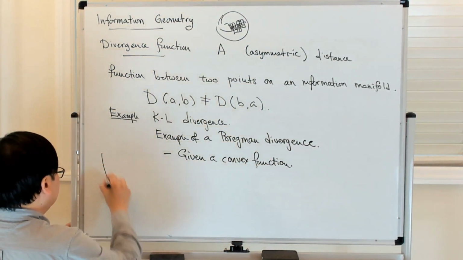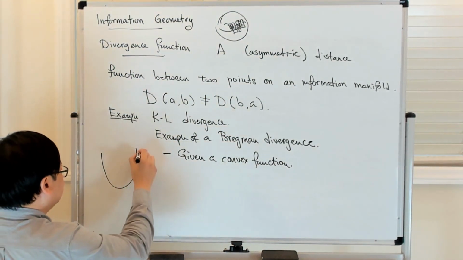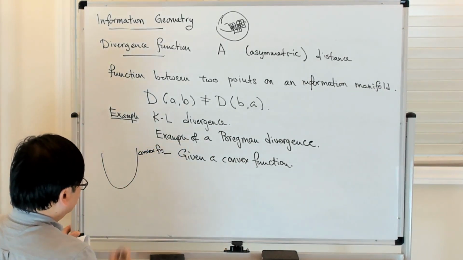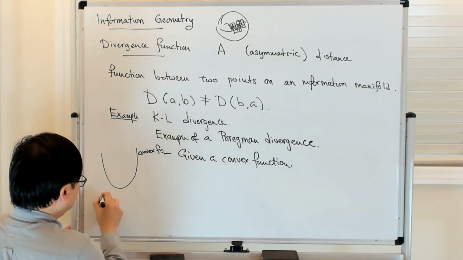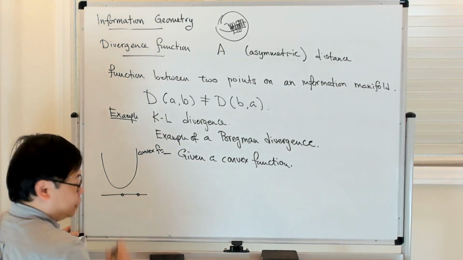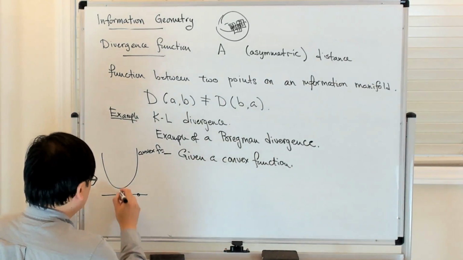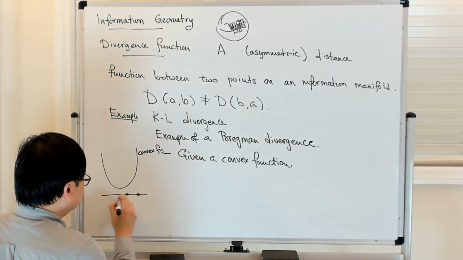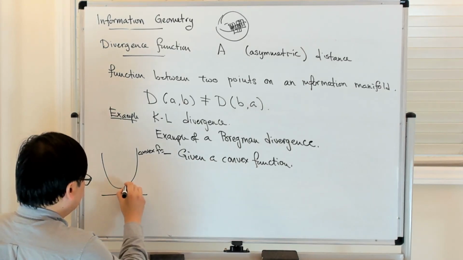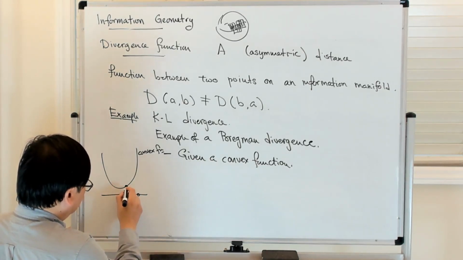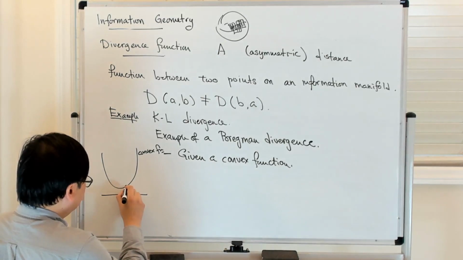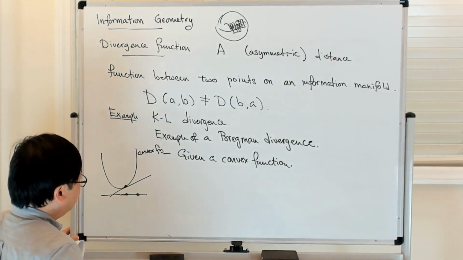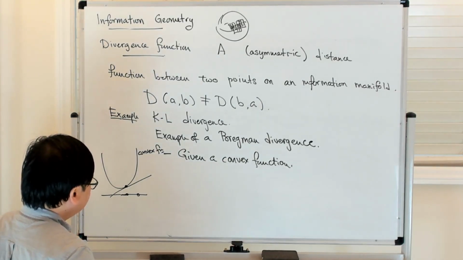So the idea is the following. So say you have this convex function, okay, and you have 2 points which you're trying to measure the distance between, okay? So let me just put one of these points here. All right. Okay. So with the first point, you can take the linear approximation of the convex function, right?